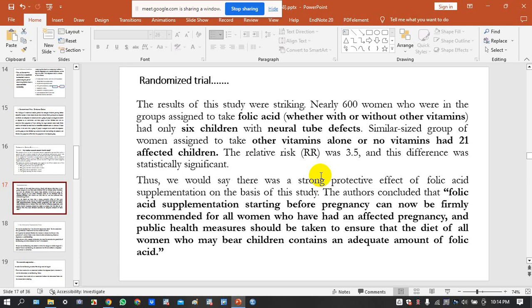So the authors concluded that folic acid supplementation starting before pregnancy can now be firmly recommended for all women. As a result of this 1980 study, that is why the women who come to the hospital, we end up giving them folic acid supplementation, because we know that it will help the brain of the fetus to develop well and prevent them from having spina bifida. So that's the essence of folic acid for pregnant women.